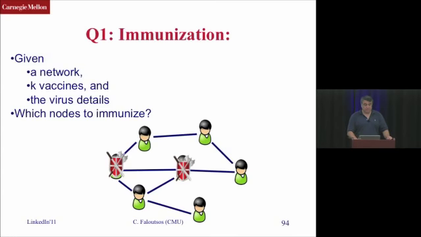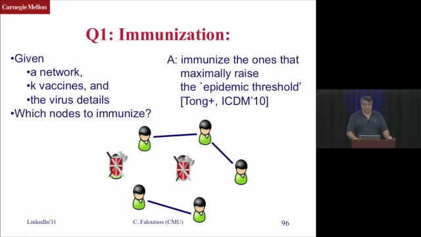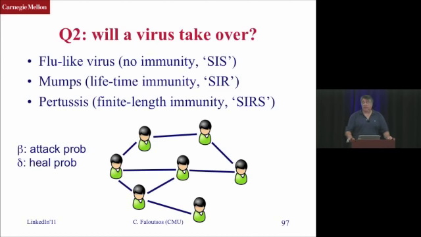The goal is to immunize the nodes so that we make the life of the virus as hard as possible, to protect our population as much as possible. The main idea is to immunize the nodes that will maximally raise the so-called epidemic threshold, the threshold below which a virus has no chance to survive.